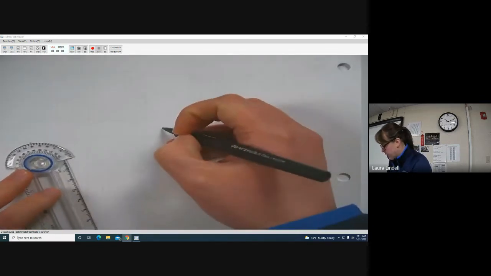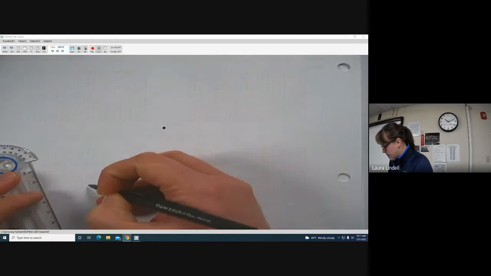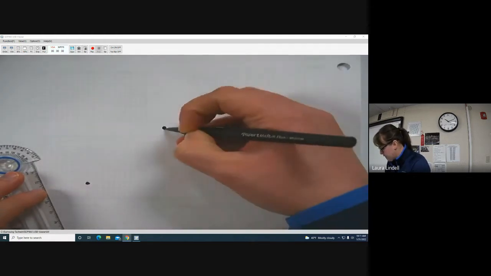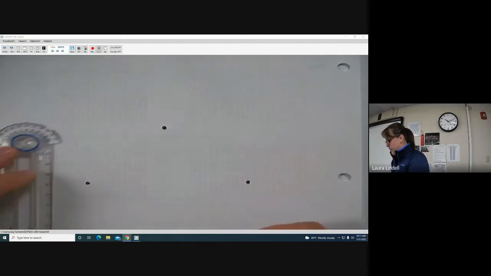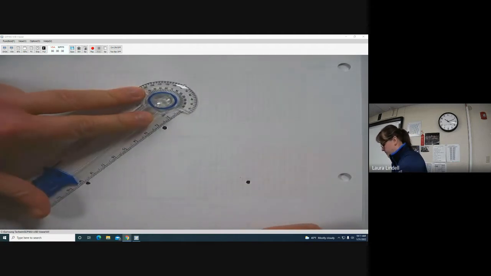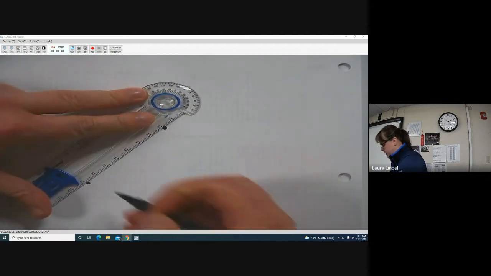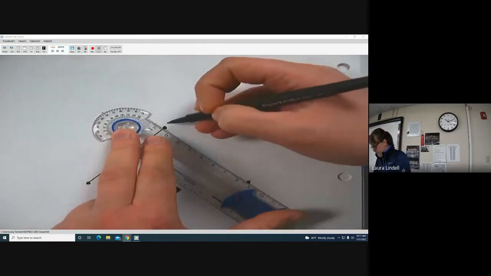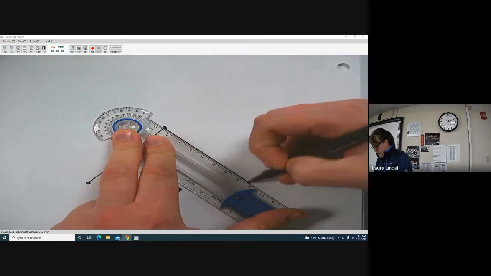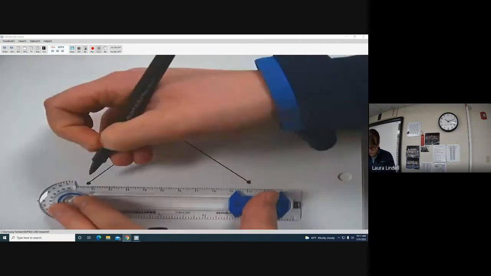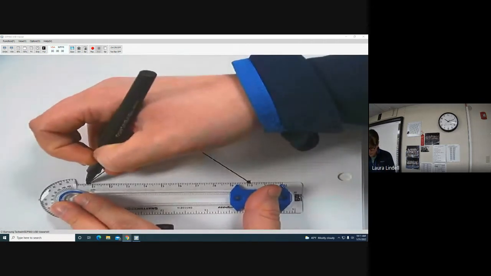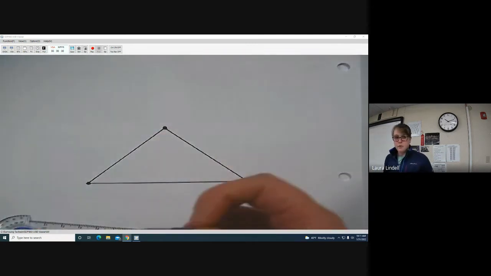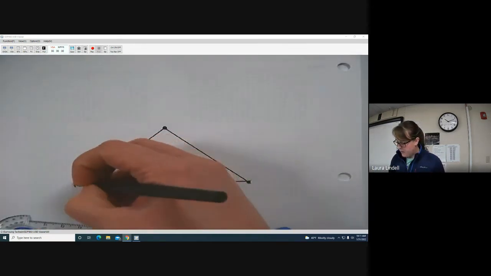Put 3 points on your paper for your triangle vertices, and then connect the dots. And go ahead and label them points A, B, and C.